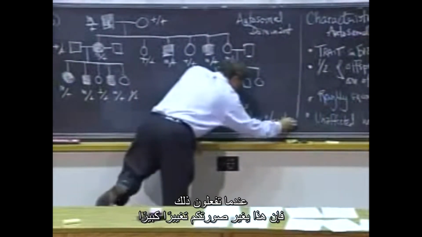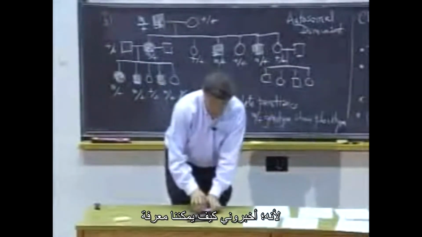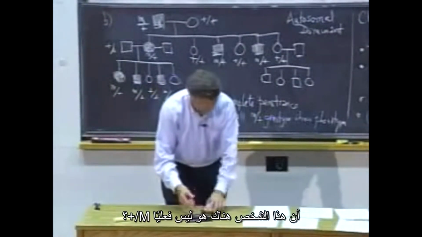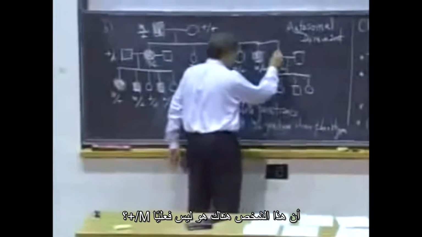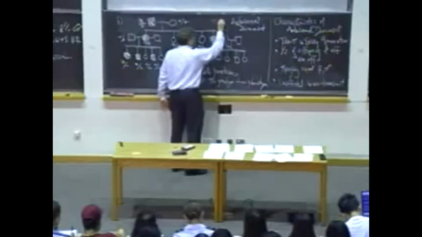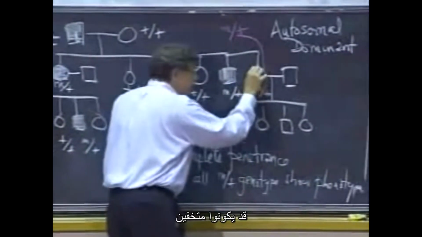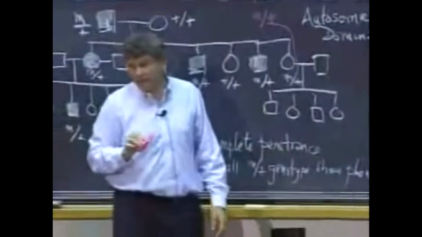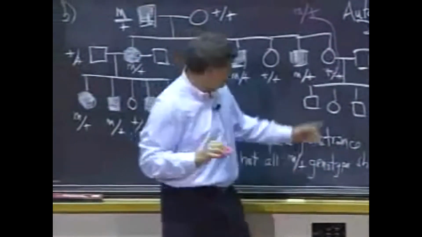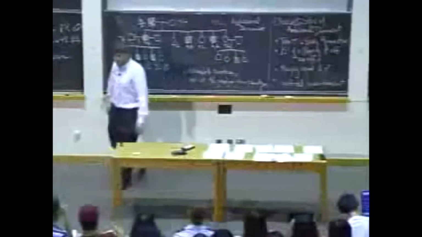Once you do that, it messes up our picture colossally. Because tell me, how do we know that this person over here is not actually M over plus? Maybe they're cryptic. They haven't shown the phenotype. And maybe it'll appear in the next generation.